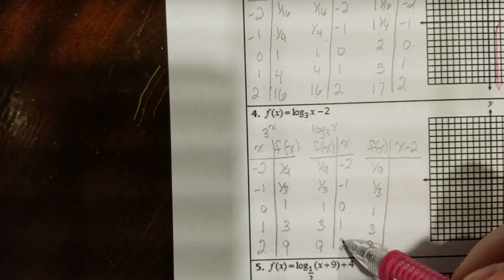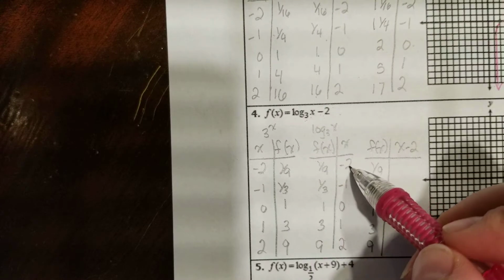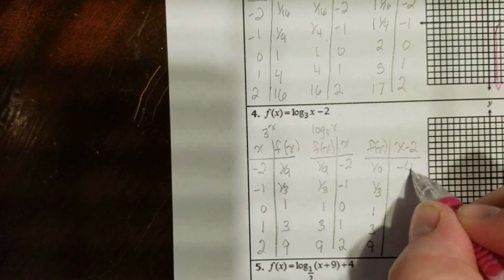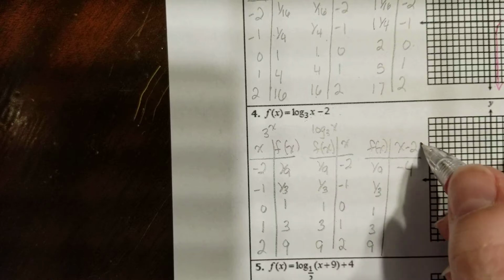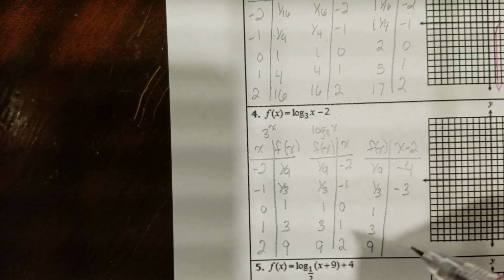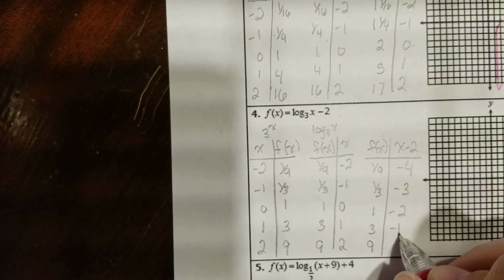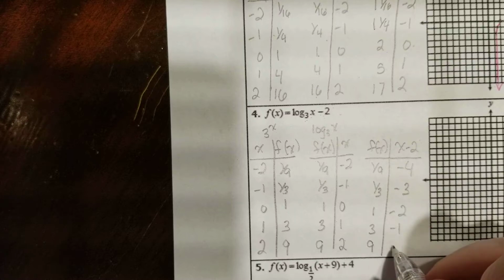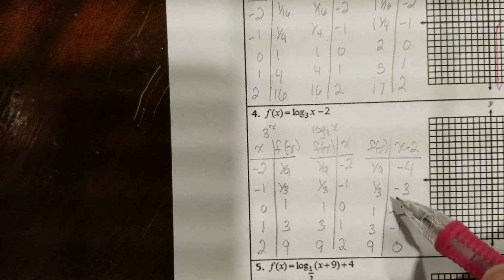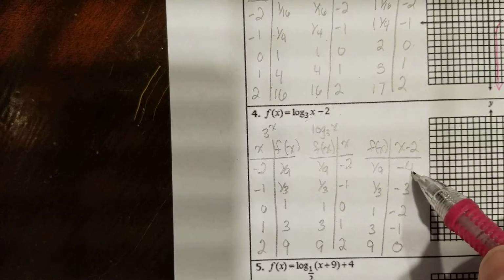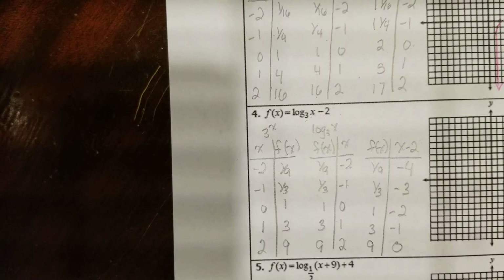And now we're going to take these values and subtract 2. So negative 2 minus 2, negative 4. Negative 1 minus 2 is negative 3. 0 minus 2 is negative 2. 1 minus 2 is negative 1. And 2 minus 2 is 0. So now these are 5 points that are shifting our graph down.